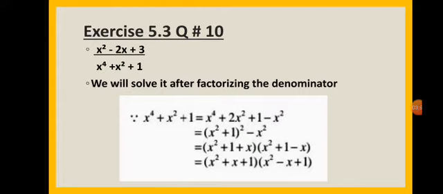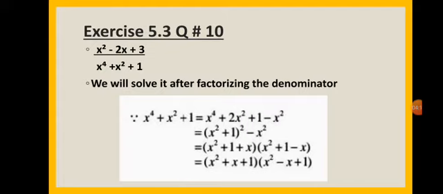So first we factorize the denominator. When we factorize it, the x raised to power 4 can be written as x square whole square, and 1 is the square of 1, so the factor in between them is 2ab, that can be written as 2 and 2x squared into 1.